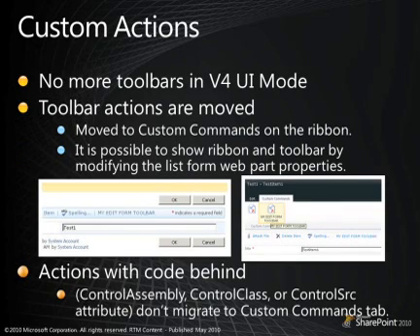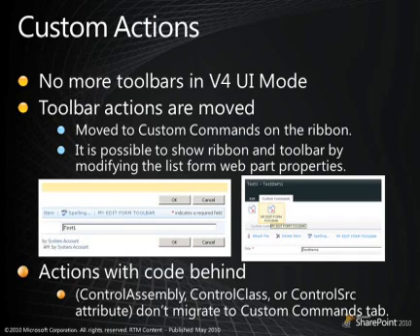It was quite common to have custom actions in 2007 to provide, for example, additional buttons to the toolbar. Since we don't have the toolbar anymore, which has been replaced by a ribbon, rendering of these custom actions would not work as expected. There's, however, backward compatibility to show the possible toolbar custom actions automatically on the Custom Commands tab in the ribbon.